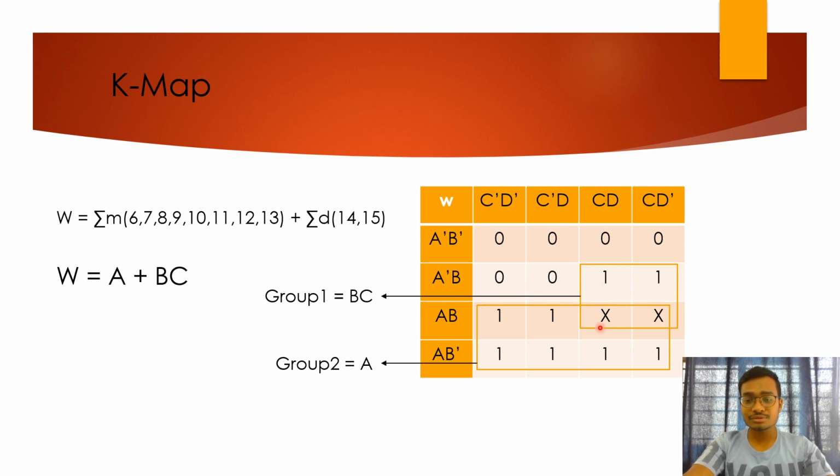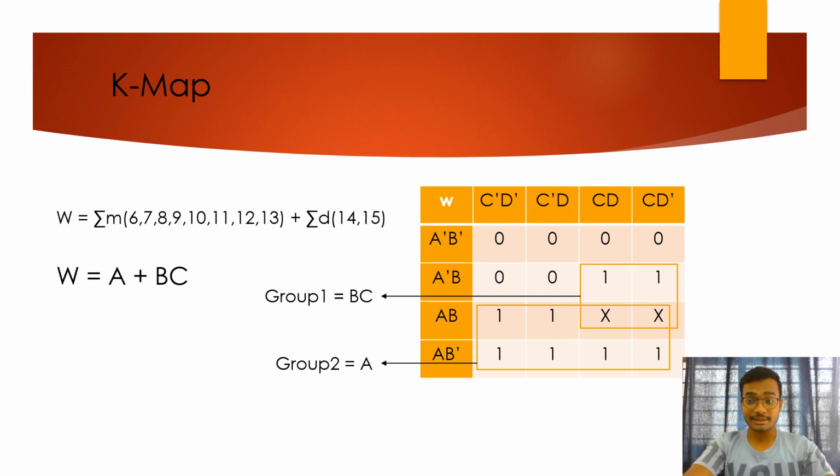In these two rows, I'm having the common term as B, and in these two rows, I'm having the common term as C. So B and C put together will be giving BC. So the Boolean expression for this W is group 1 plus group 2 or group 2 plus group 1. Anyhow, addition is commutative.